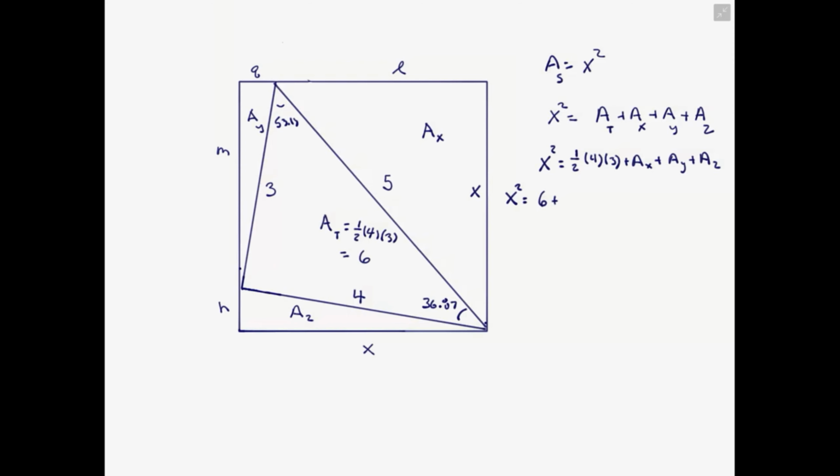Well, a sub x is 1/2 the base times the height, so that's x on 2 times L, plus a sub y, which is m on 2 times q, and a sub z is x on 2 times h.